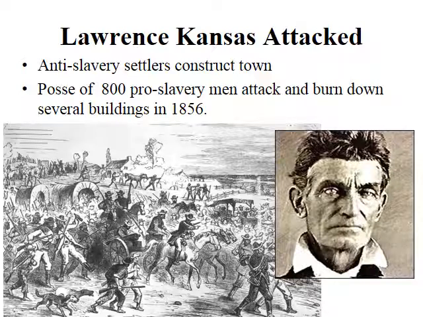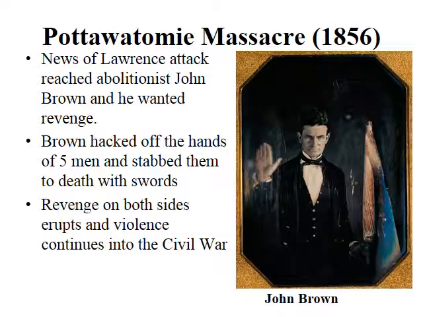John Brown is one of the abolitionists in Kansas. Now, he's not in Lawrence at the time, but he hears about it, and he completely loses his mind. So he wants revenge. Good old-fashioned revenge.